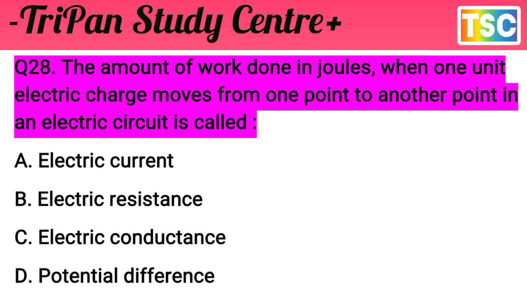First of all, check your knowledge. I give you a few seconds to think of your answer. Let's see the answer. The amount of work done when one unit of charge moves from one point to another is not called electrical current, that's the wrong answer.